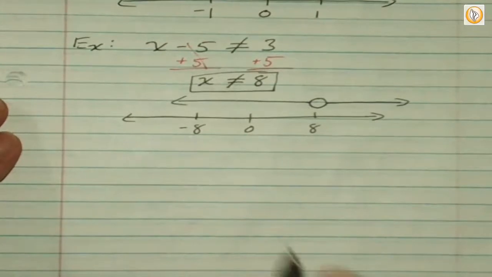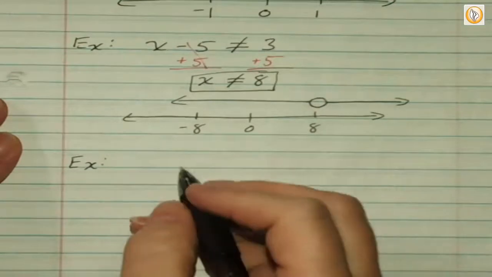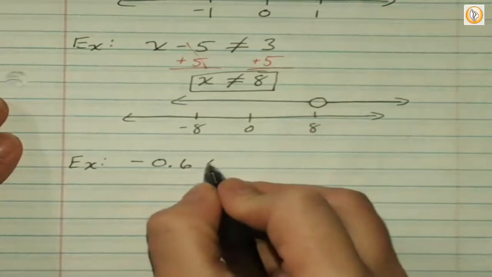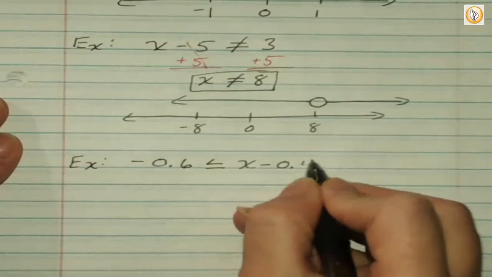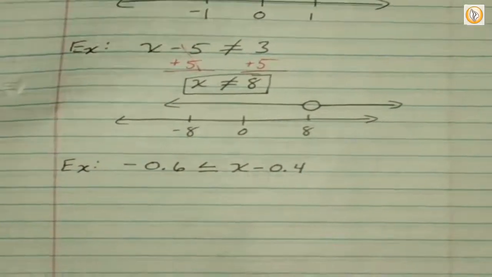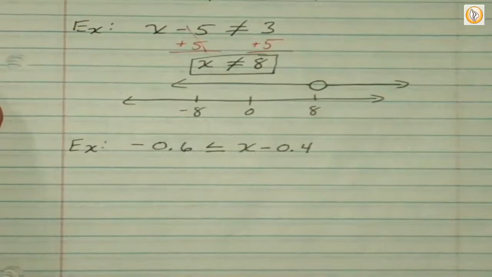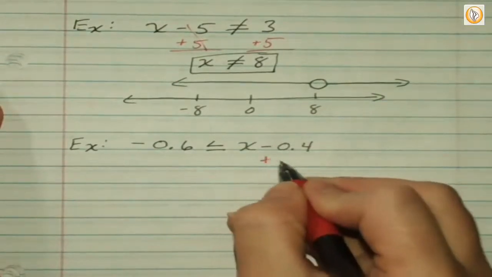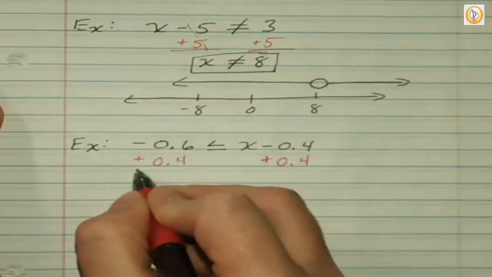Y'all thought it was just going to be that easy. Negative 0.6 is less than or equal to X minus 0.4. You know in algebra 1 we're going to have fractions and decimals. All right, Taylor, add both sides by 0.4.